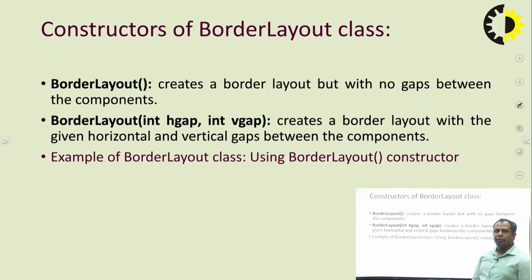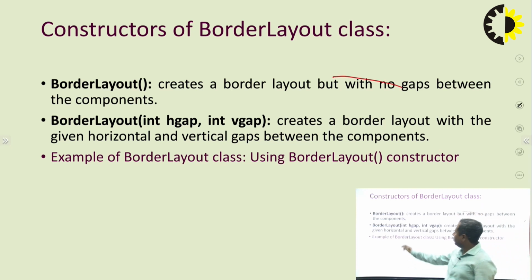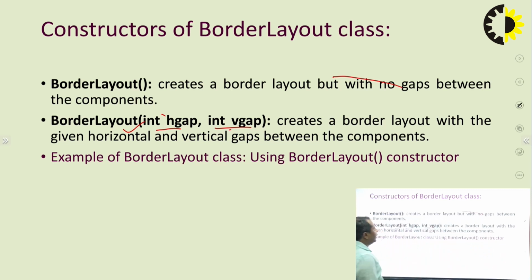Next, some constructors used in the BorderLayout class. First is the BorderLayout constructor. Second is BorderLayout with parameters, which provide the horizontal gap and vertical gap. The default constructor creates a BorderLayout with no gaps between the components.